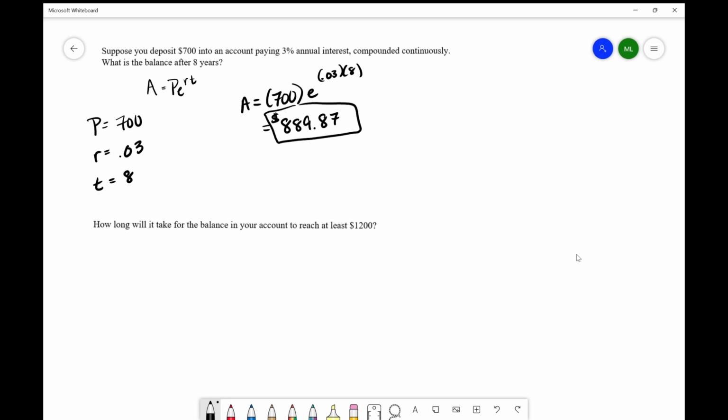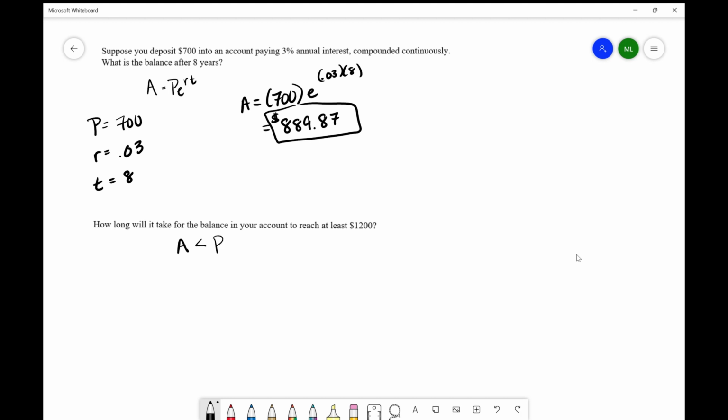Okay, so let's continue. Let's say this example has a part 2 to it. It says, how long will it take for the balance in your account to reach at least $1,200? So I want my amount to be at least $1,200. My amount should be greater than 1,200.